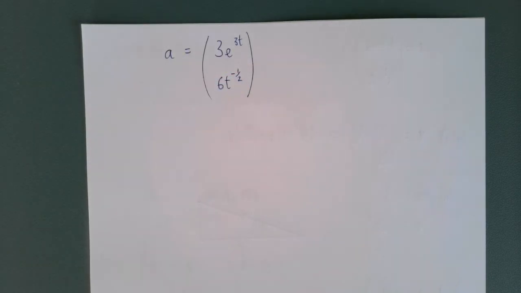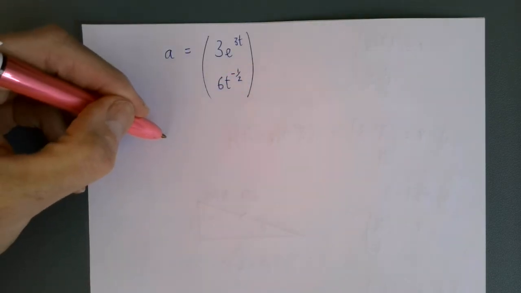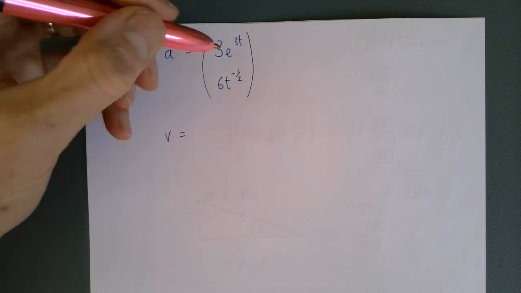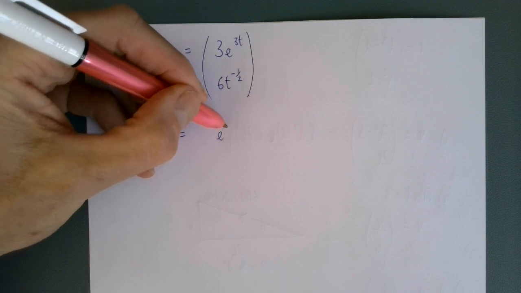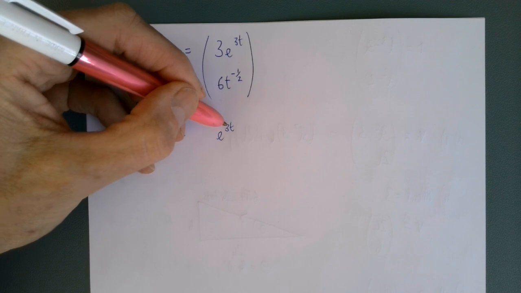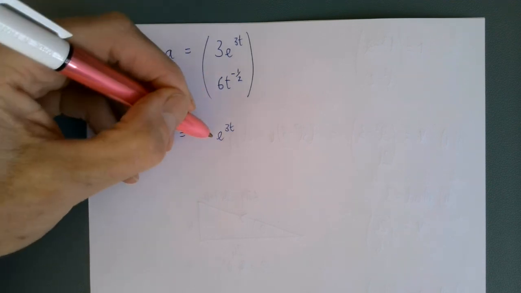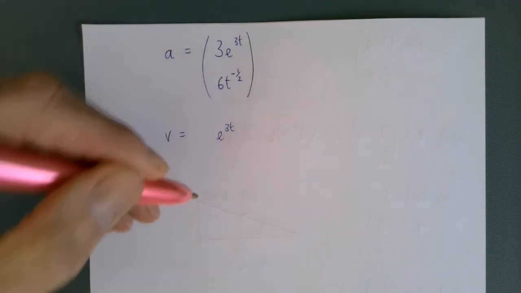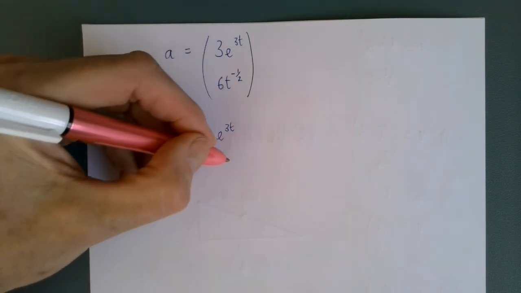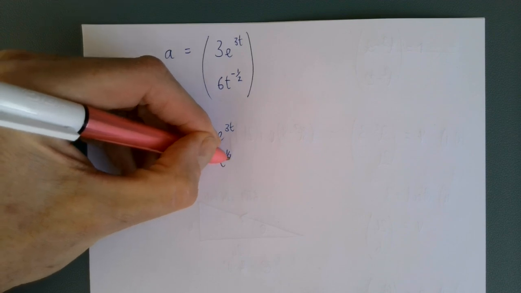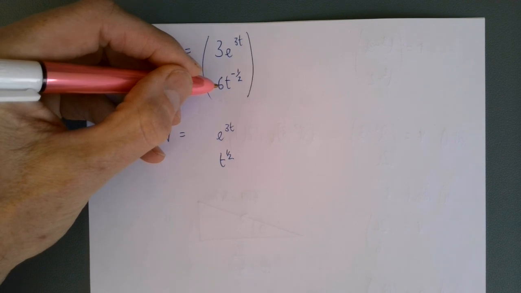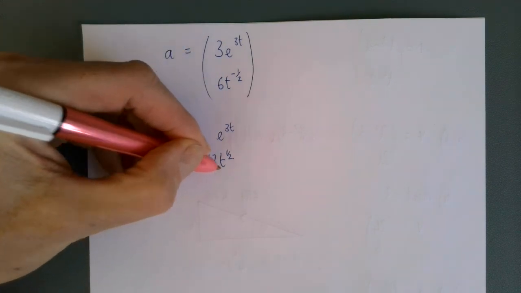So I'm going to integrate those two things separately, and so when I integrate e to the 3t, I get e to the 3t divided by what you get when you differentiate the power, which is 3, but it's already multiplied by 3 at the front, so they cancel each other out, so I'm just left with that. And here, increase the power by 1, divide by the new power, which is dividing by a half, and which is the same as multiplying by 2, and we've already got a 6 out the front.